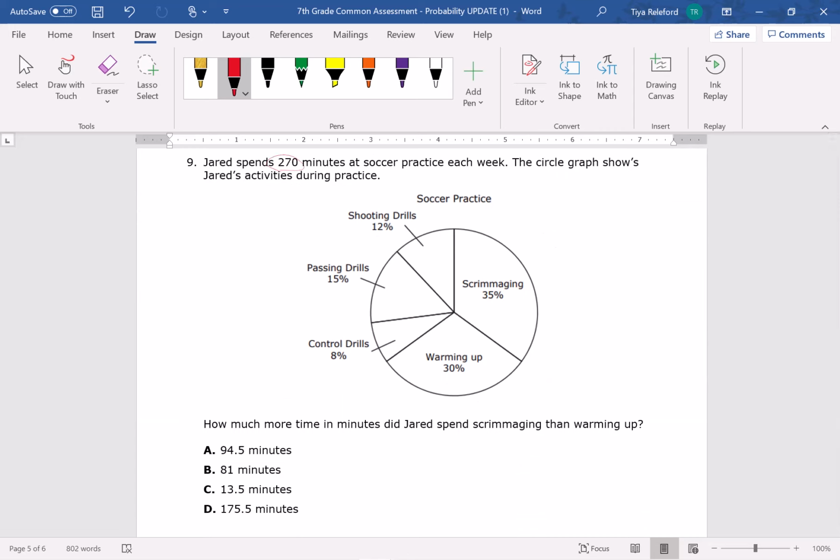Jared spends 270 minutes at soccer practice each week. The circle graph shows Jared's activities during practice. How much more time in minutes did Jared spend scrimmaging than warming up? So how much more means to subtract.